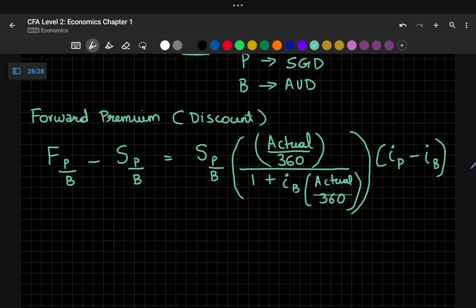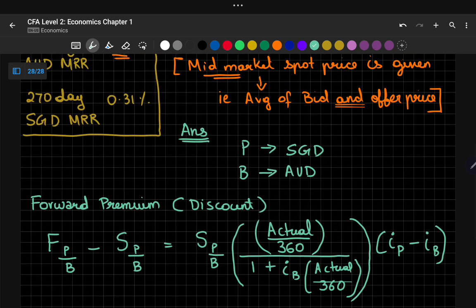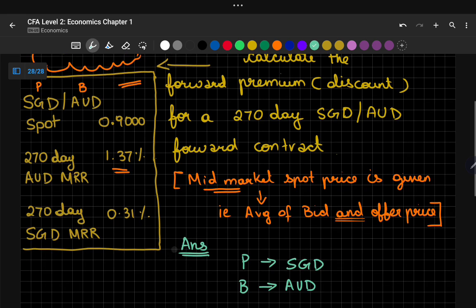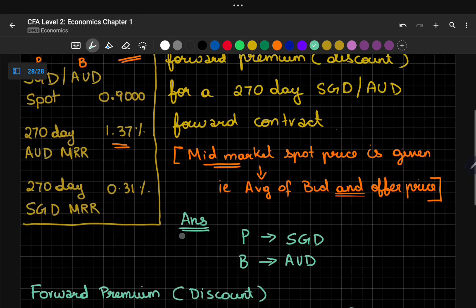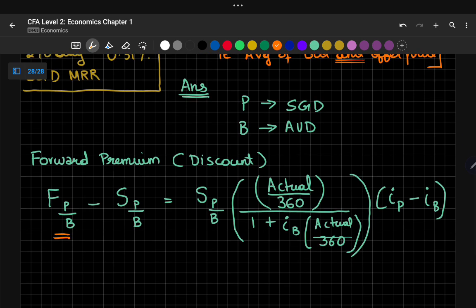Now to this equation, if you look, I have the spot price, but do I have the forward price? No. So to calculate the forward premium or discount, since I don't have this data given, the only way I can calculate is by solving this side of the equation, right?